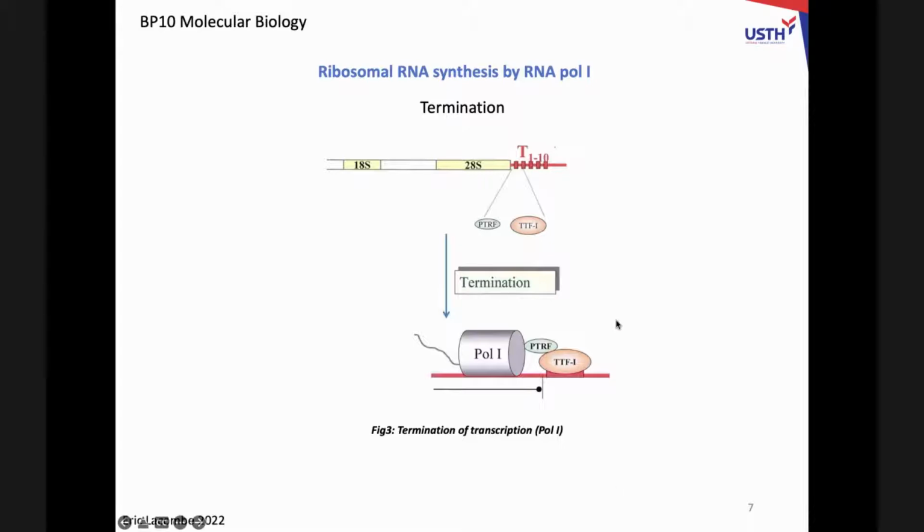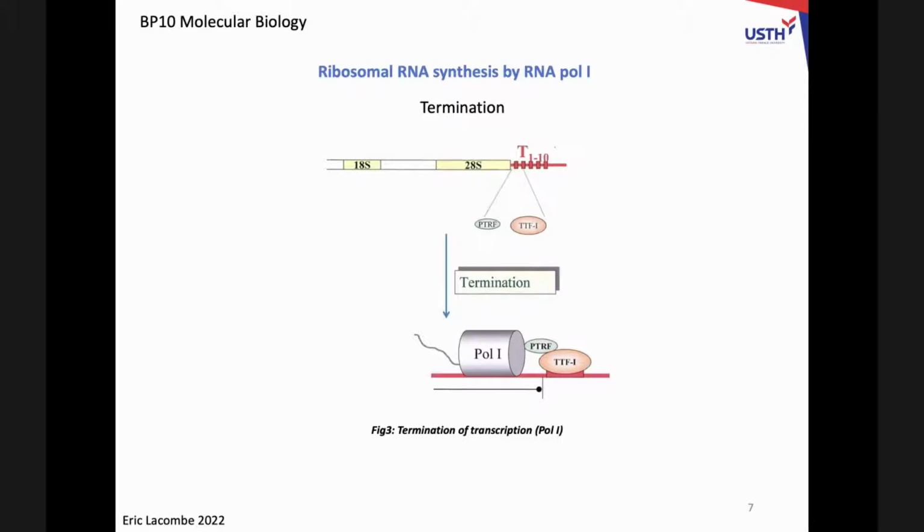Then the polymerase arrives at the end of the transcribed region, where there are always proteins bound to these termination sequences, and Pol 1 stops there and starts the cycle again. So you see Pol 1 is quite simple. It's always on, and the ending of transcription is achieved through the direct interaction between proteins and the genomic DNA.